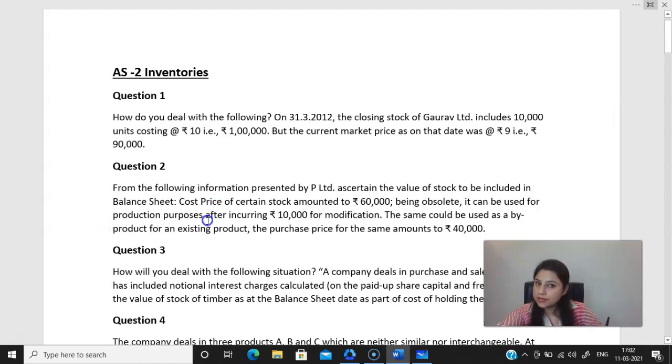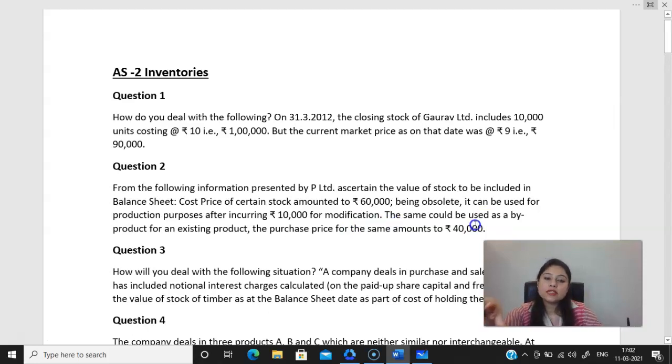However, in order to use them for the production purposes, the company might have to spend certain cost, which is rupees 10,000 for the modification, and after that modification such stock can be used for the production purposes in the business.